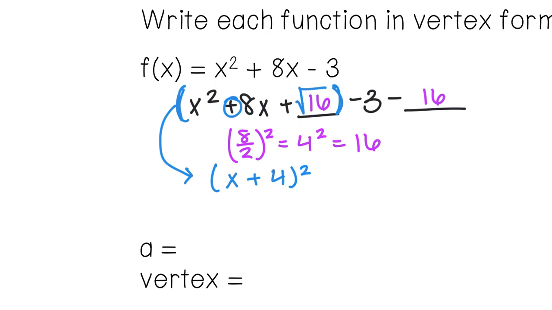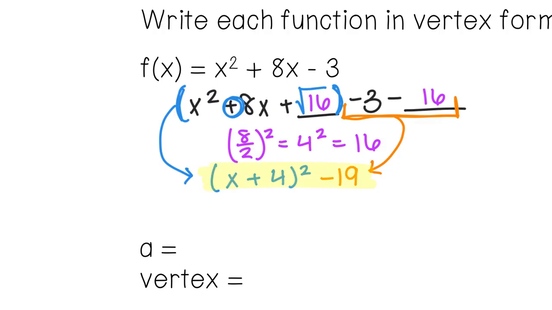Remember, this sign is telling me what goes inside my parentheses, so it's a plus sign. I got that, and then I'm solving what's left over. So now this is what's going to go at the back end. Negative 3 minus 16 is going to give me negative 19, and I'm done. Now it's in vertex form. Super easy, that's it. It's a lot faster than what we did yesterday.